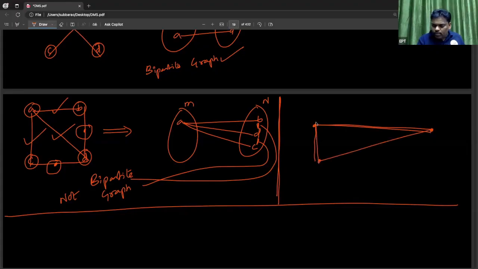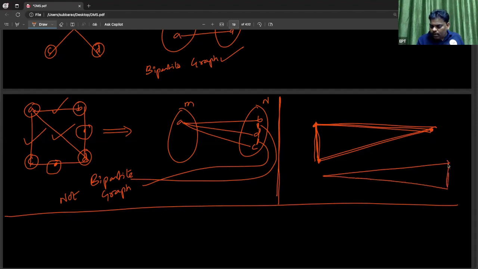Within the M edge possible. When you say in the given graph odd length cycle is there, M to N, N to M, M to M cycle there. Odd length. Another way: M to N, odd length.